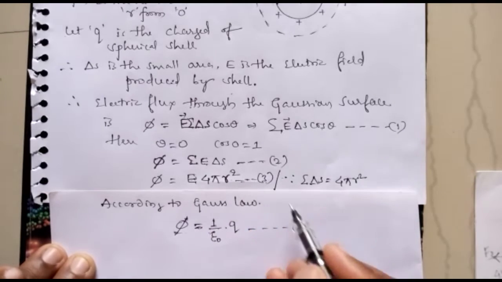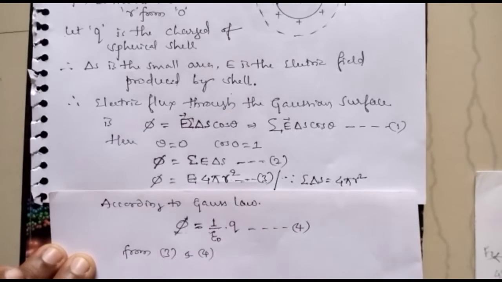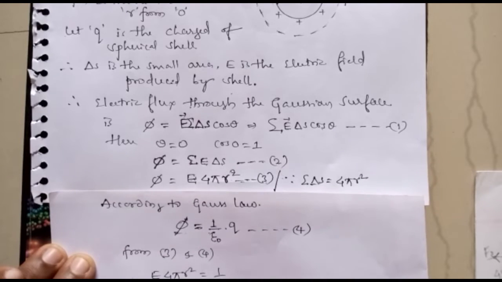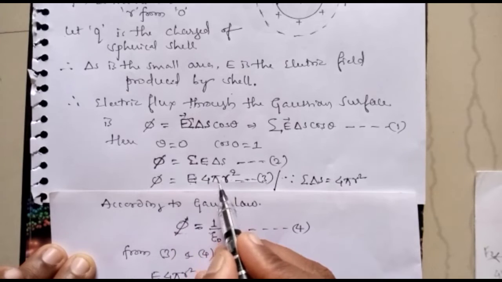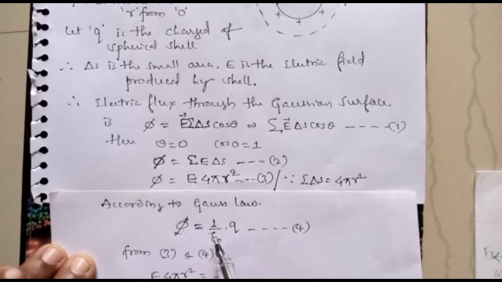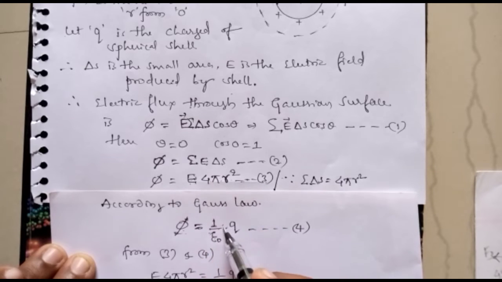Let us equate 3 and 4. From 3 and 4, E into 4 pi r square is equal to 1 by epsilon naught times q. Now I am equating these two quantities.